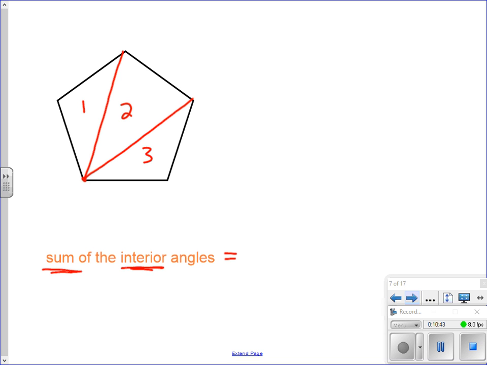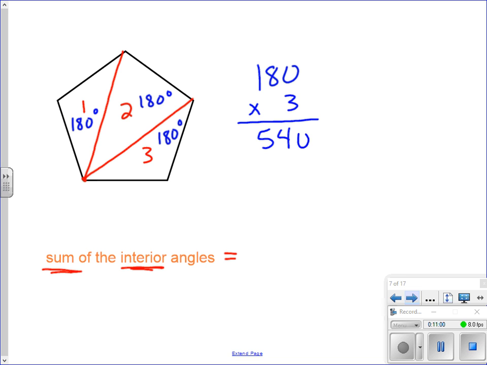And we know that each triangle is worth 180 degrees. So if we take 180 and times it by 3 triangles, we get 540 degrees. So the sum of the interior angles of a pentagon, a 5-sided shape, is 540 degrees.